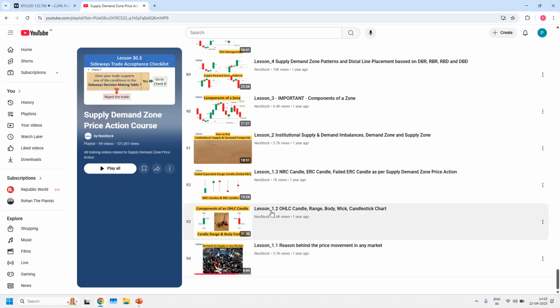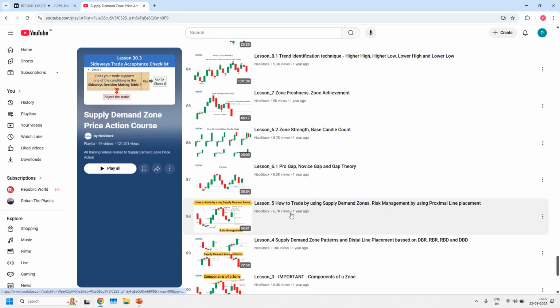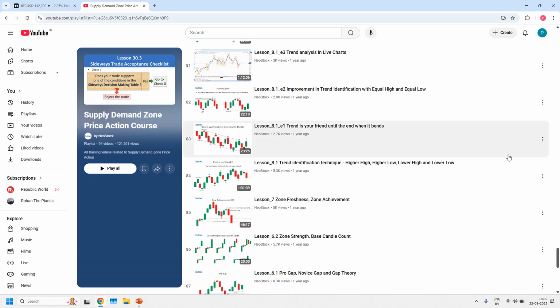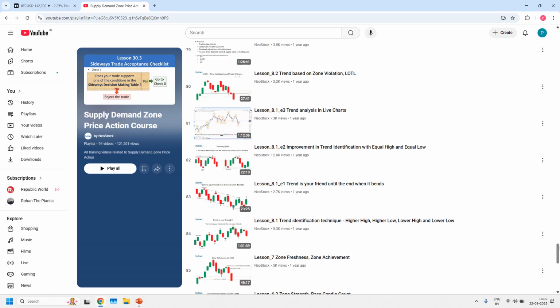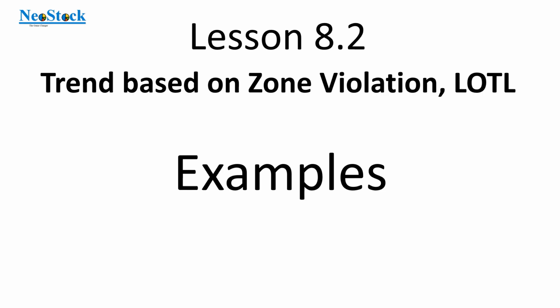After that you get into the lesson 1.2 video, complete it, and then again you get into the examples video for lesson 1.2. In that way you complete up to lesson 8.2, that is trend based on zone violation and also the LOTL concept. And once you complete this, then you get into this examples video.